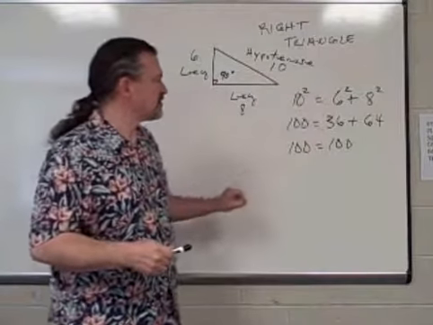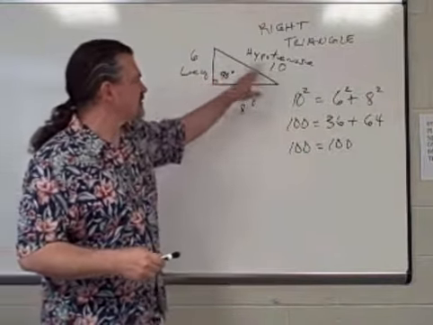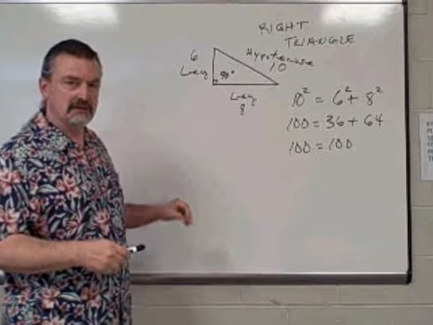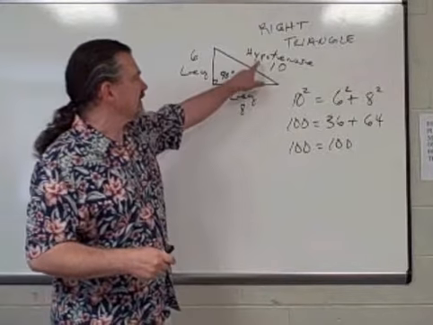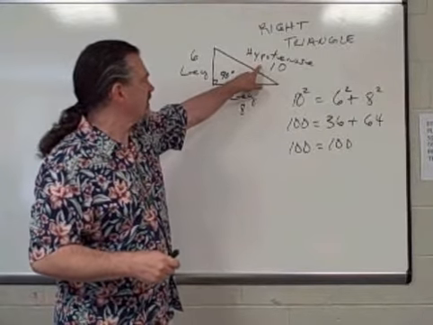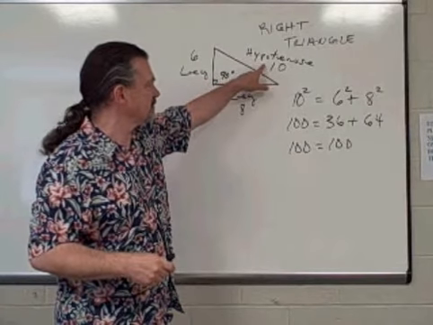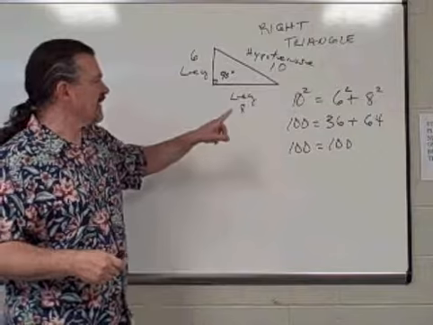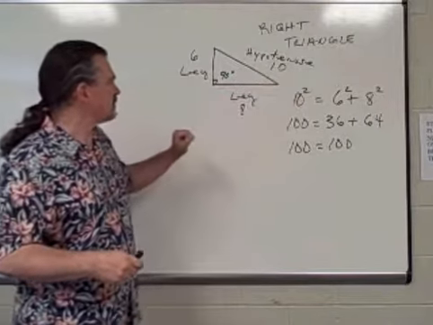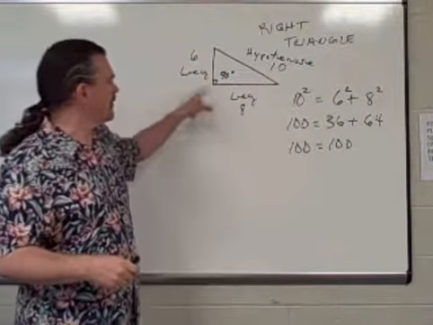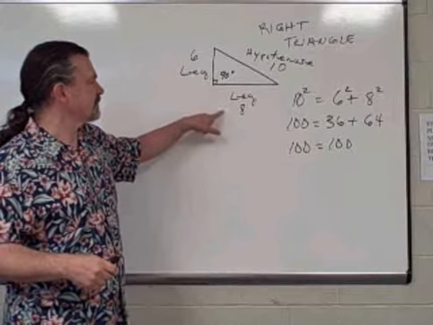This relationship between the sides of a right triangle is always true. The length of the side opposite the right angle, again that was called the hypotenuse, the square of that length is always equal to the sum of the squares of the two legs.